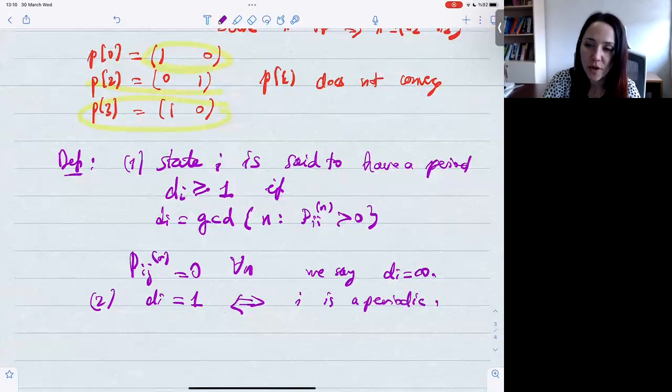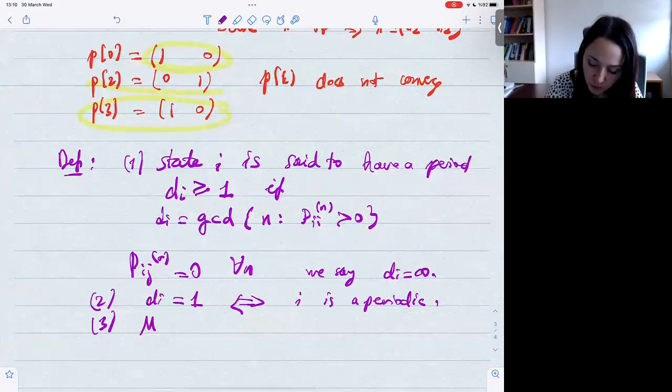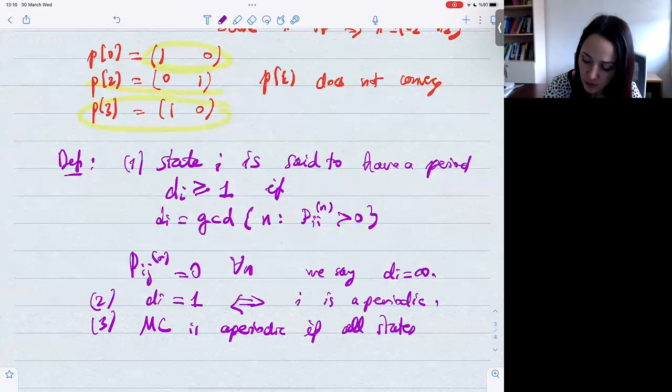If the greatest common divisor of trip durations from state i back to itself is 1, then state i is aperiodic. Number 3, a Markov chain is aperiodic if all states are aperiodic. All right.